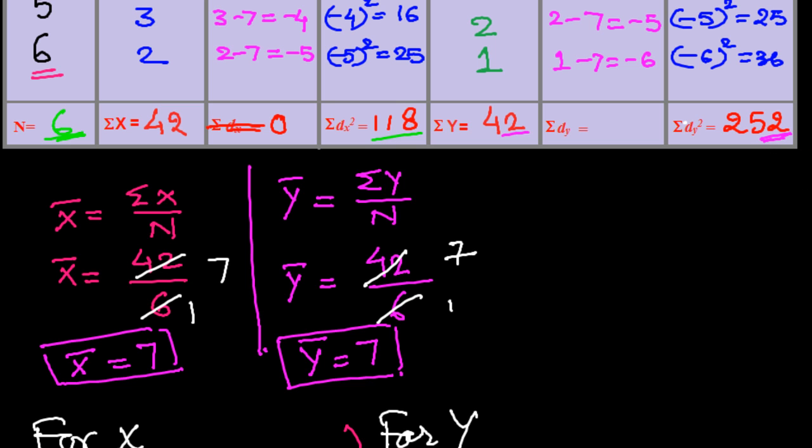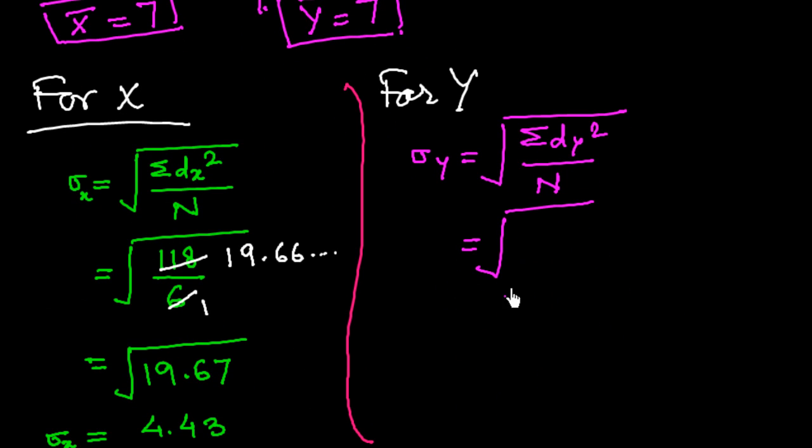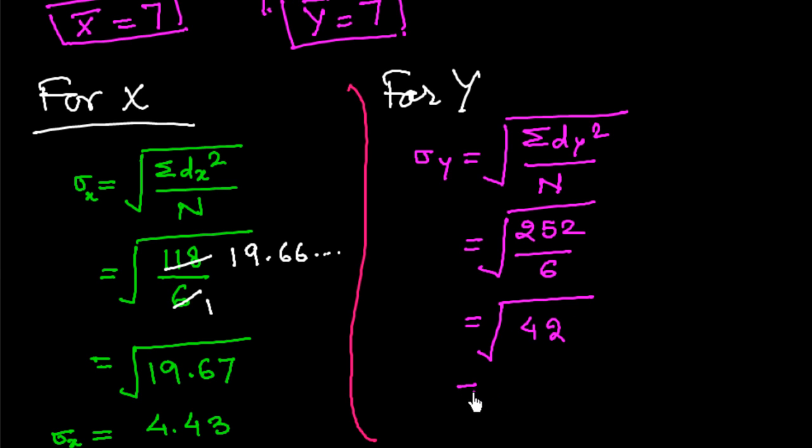We put it down here, 252, and the total number of data is 6. So we get 252 divided by 6 is 42. Now we get the square root of this 42, which is 6.48. So it is the standard deviation of y. So we have got both the standard deviations here.